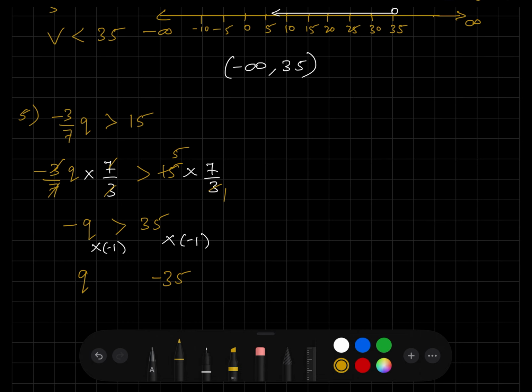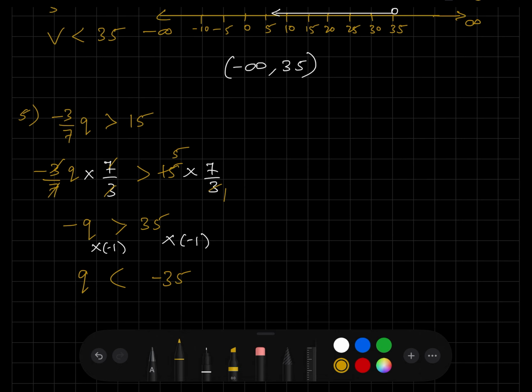Whenever we multiply by a negative sign, the sign flips: here it is greater than, so it will turn to less than. Because negative q is greater than 35, our q would be less than negative 35.